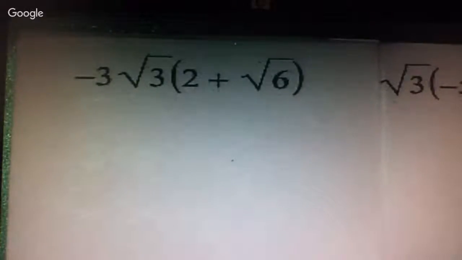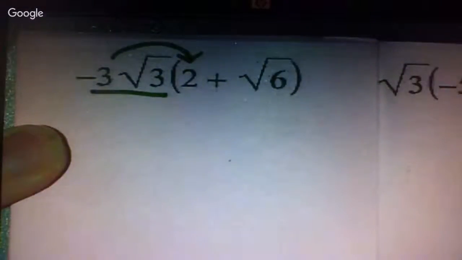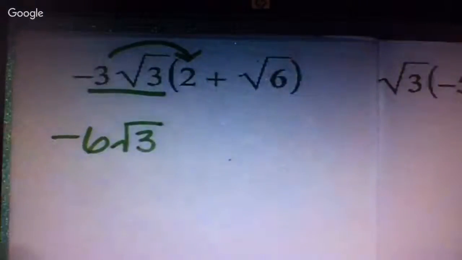I mean, okay. So, same thing here. I need to distribute this to everything in here. That multiply. -6 square roots of 3.